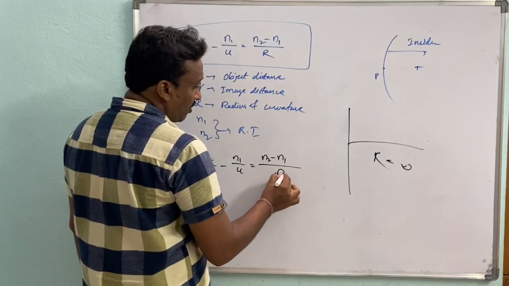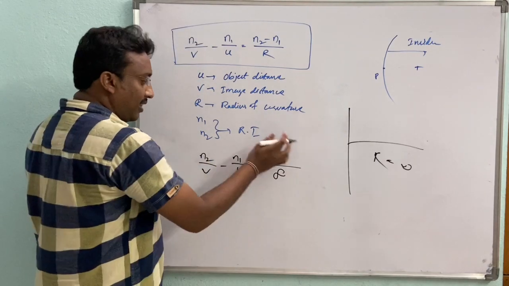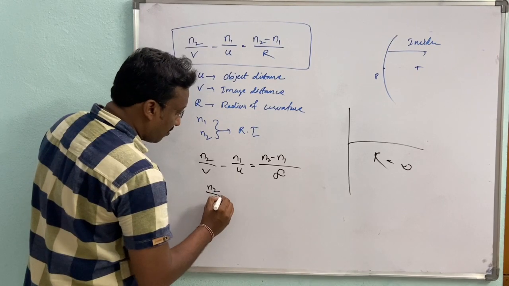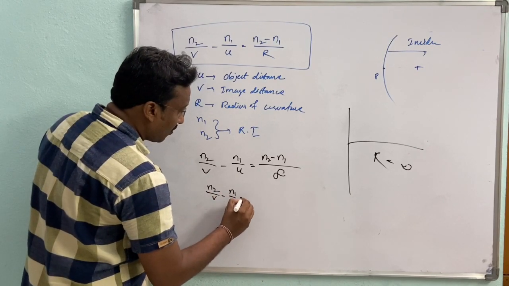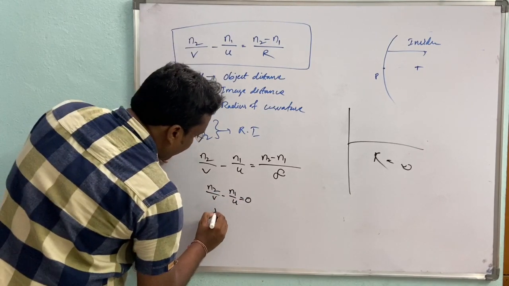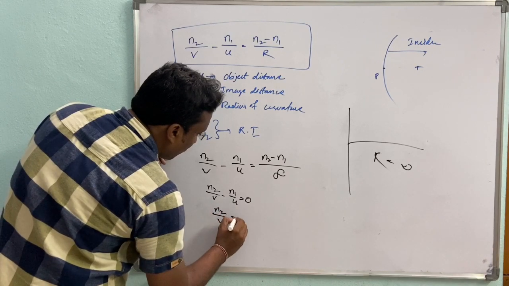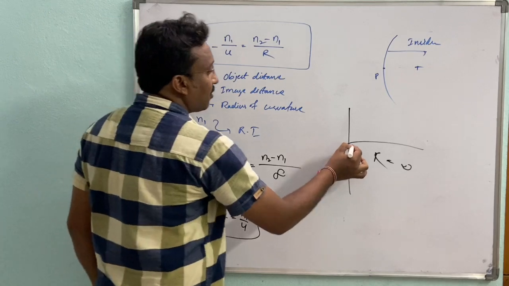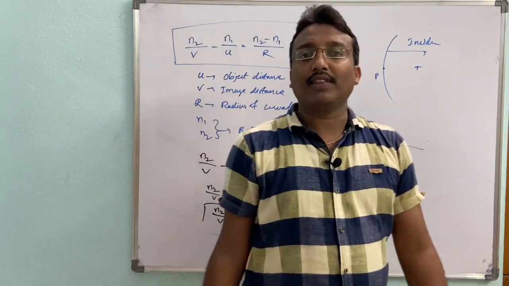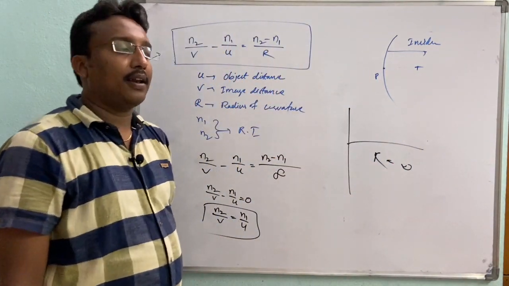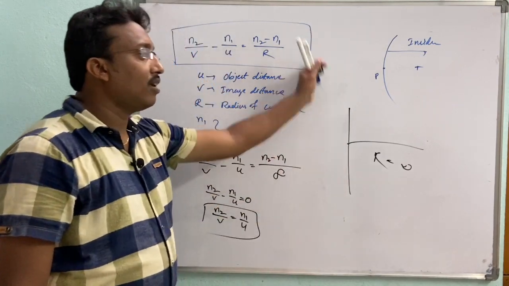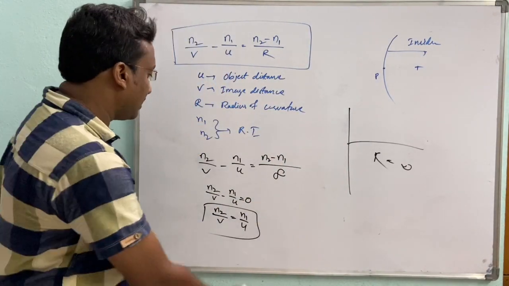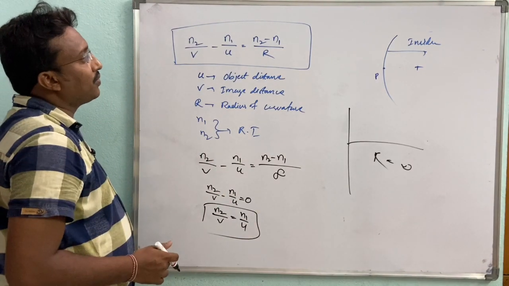So this value becomes 0: n2 by v minus n1 by u equals 0. Therefore n2 by v equals n1 by u. These measurements also we have to measure from the interface of the plane. Got it? Right. Then this is the principle.